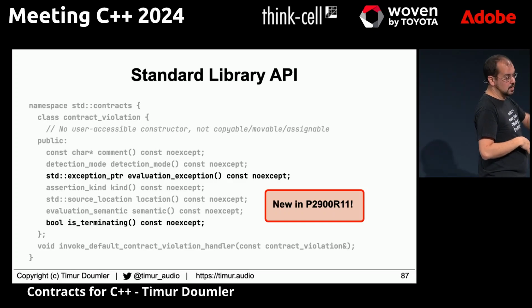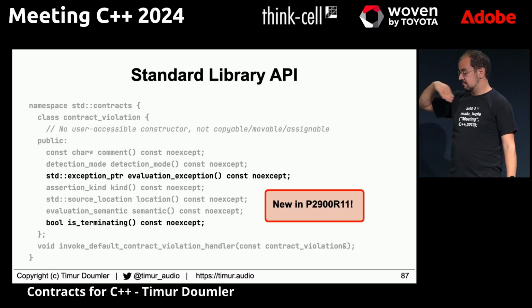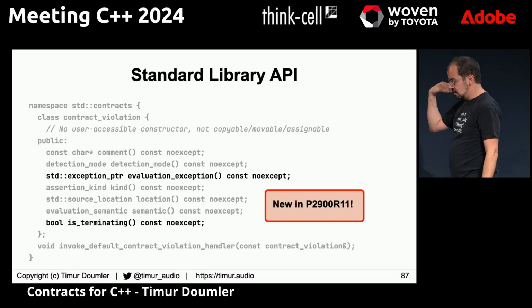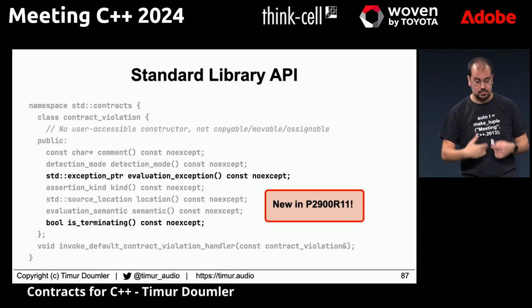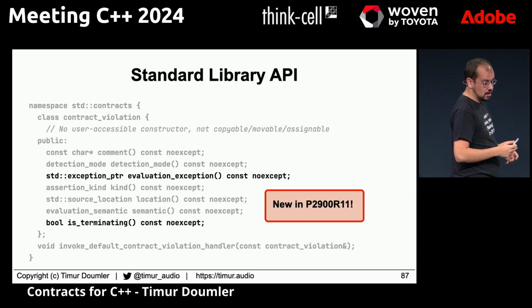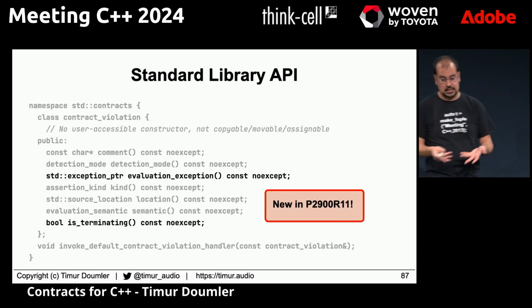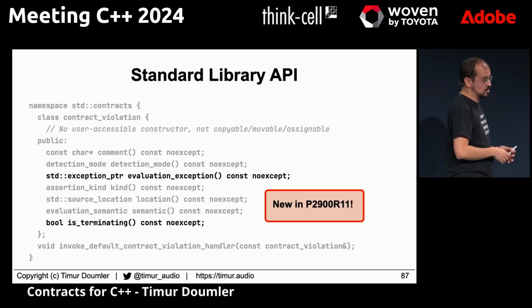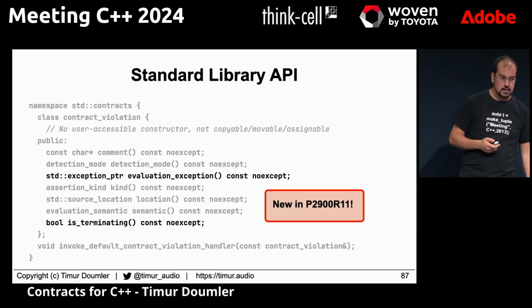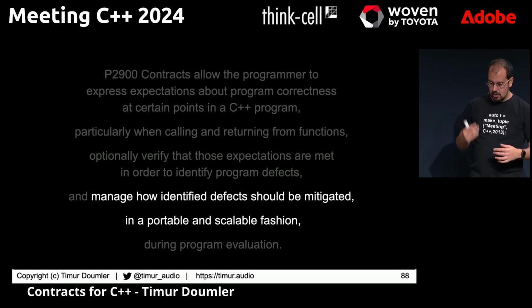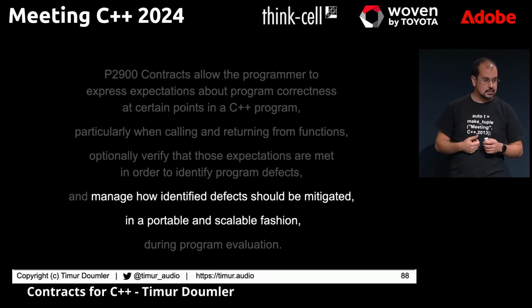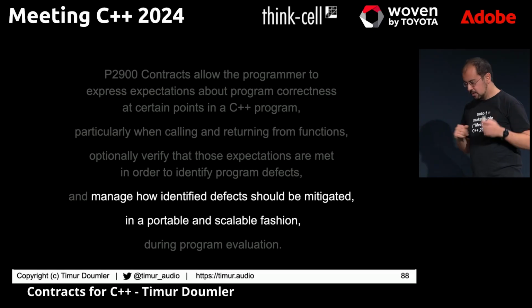That's really cool. And it's also going to tell you if the next thing after the handler has returned is that the contract violation handling mechanism wants to terminate your program, so you can do something else, like throwing an exception.